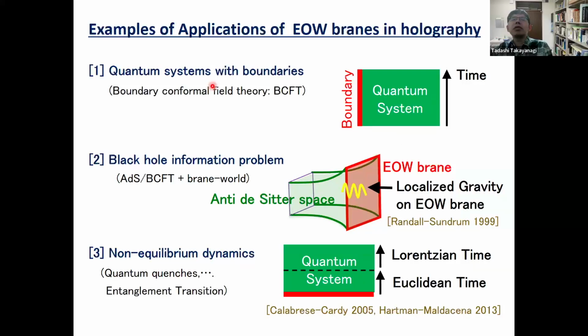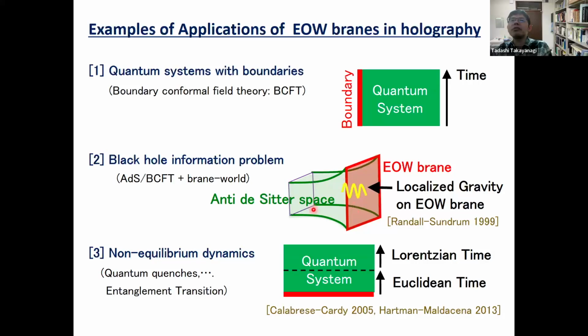Also recently, this has been applied to a very interesting problem, the black hole information problem. So we have an anti-de Sitter space, and there is a localized mode actually localized on this end of the world brane. Here, the end of the world brane is situated at the AdS boundary, but it can vibrate. We assume a different boundary condition, namely the Neumann boundary condition, so that the end of the world brane is dynamical. Then a localized gravity mode appears.